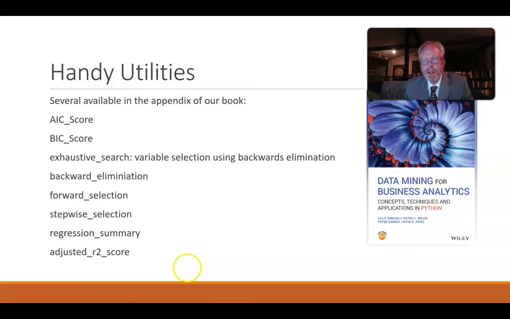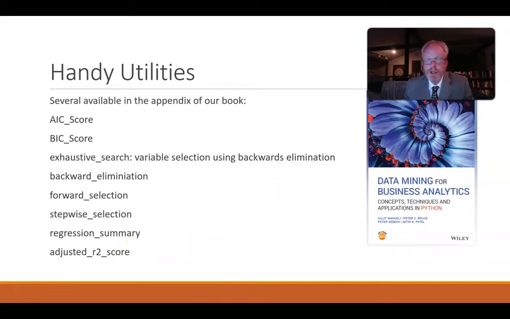Some of the utilities provided by our book: AIC score, BIC score, exhaustive search, and functions for each of those optimizing methods I talked about earlier, and then a regression summary to tell you what the results are, and an adjusted R-squared score.